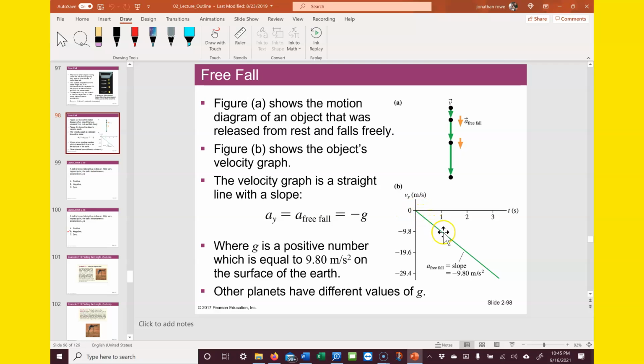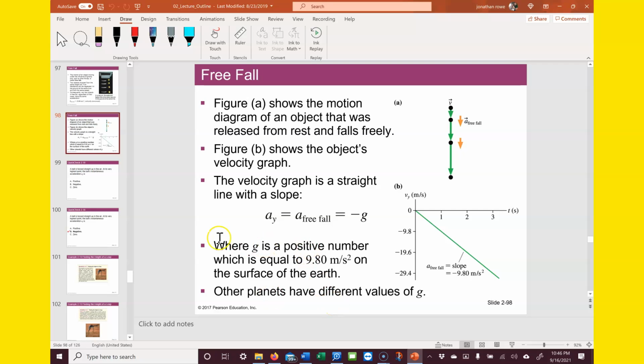The velocity graph has a slope. It's a changing velocity, and that slope is the change in velocity, which in this case is a constant negative 9.8. We call that 9.8 g. So g is 9.8, and the acceleration due to gravity is negative g, or negative 9.8.